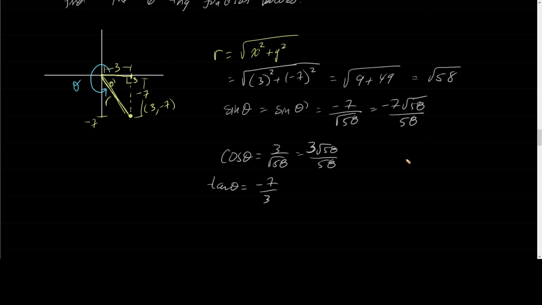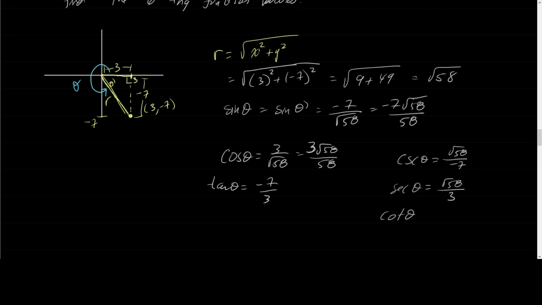Cosecant theta would be the reciprocal of sine, in other words hypotenuse over opposite, so radical 58 over negative 7. Secant would be hypotenuse over adjacent, so radical 58 over 3.